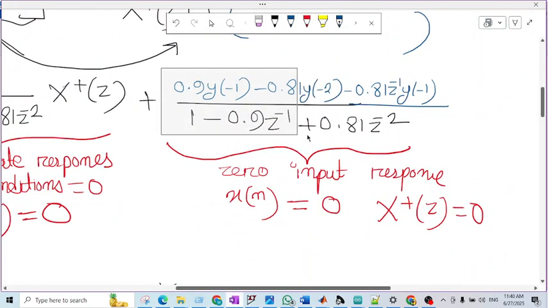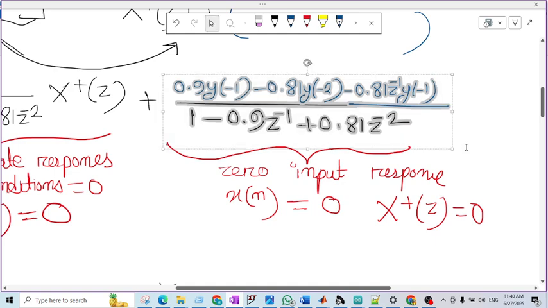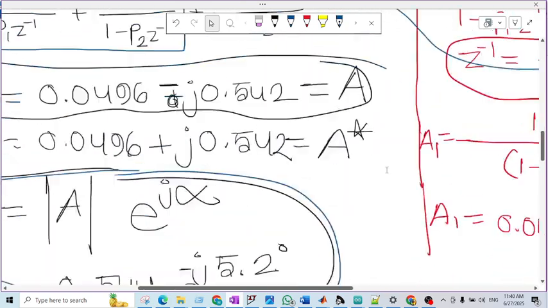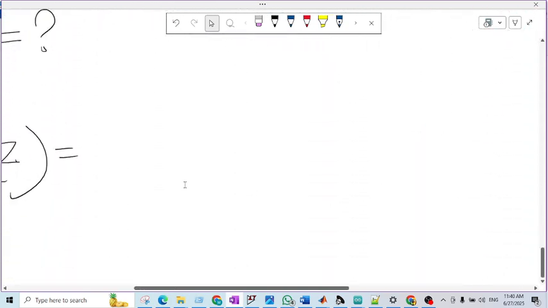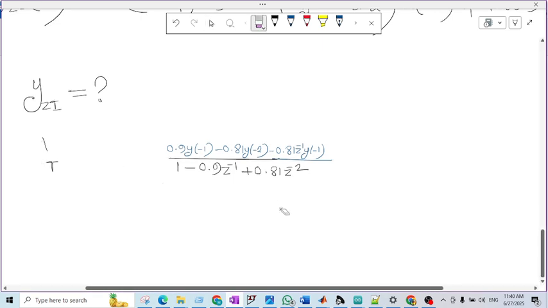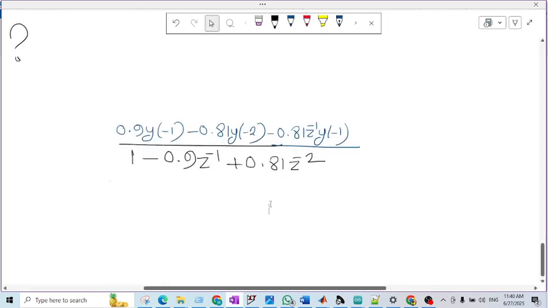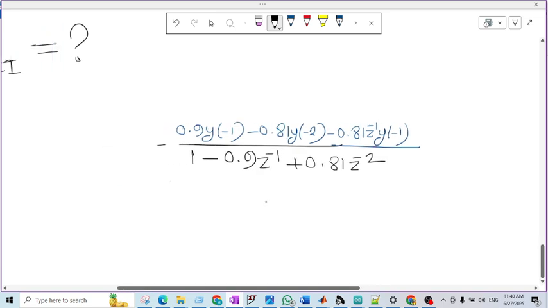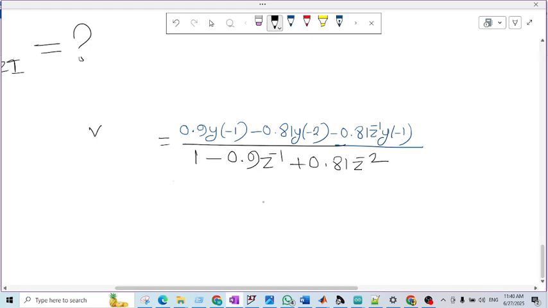So let me copy this thing, and then let me paste here. So this is my zero input response.